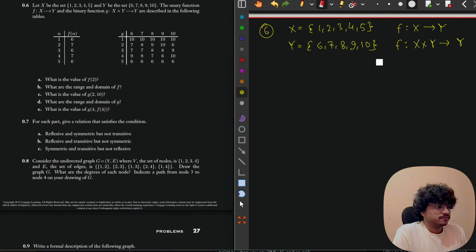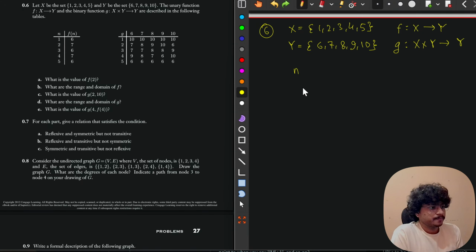Oh, sorry, this is not function f, this is function g. What is the value of f of 2? Through this table, there is no 7, right? X gives Y. You need to draw a table to actually find answers.